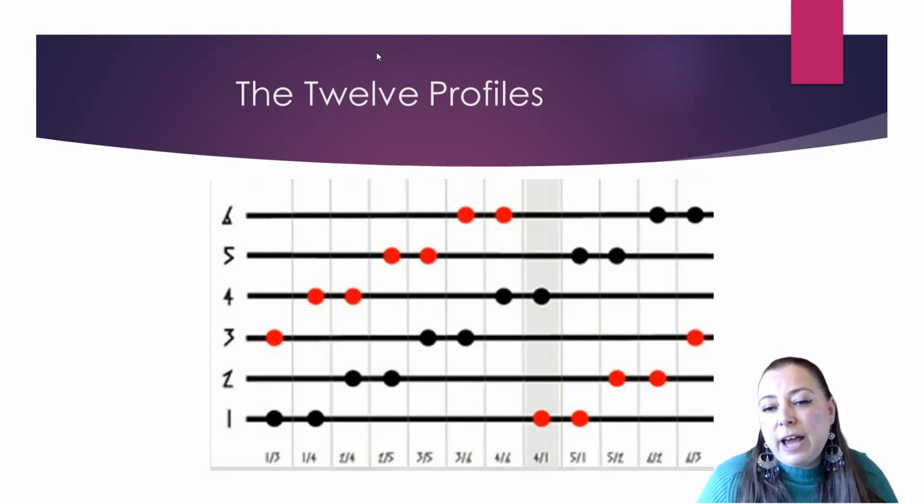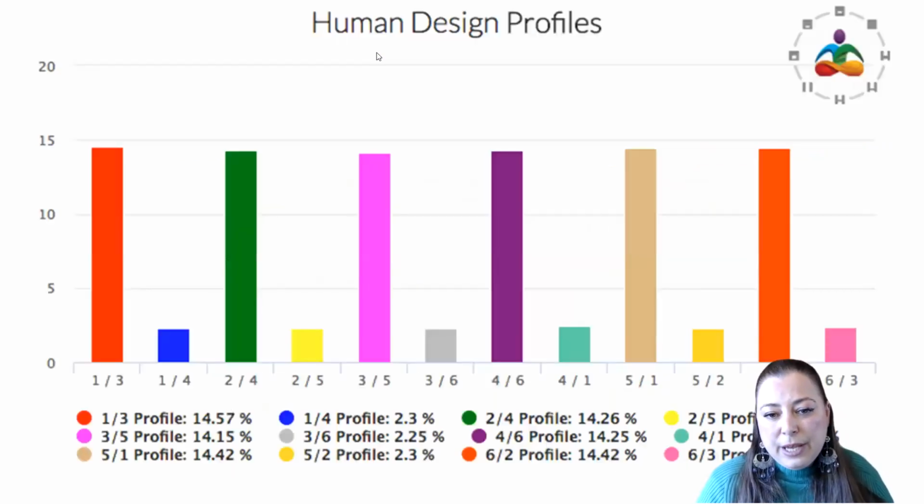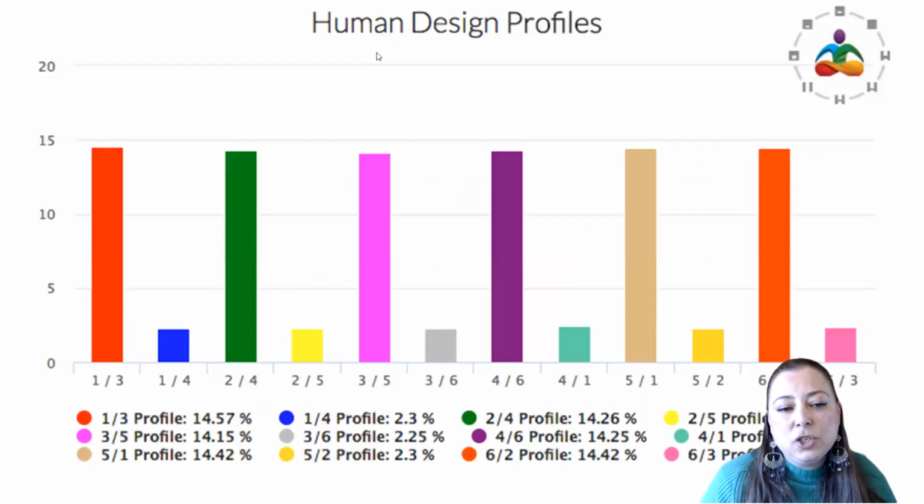And we continue with 5-2, 6-2, and 3-2. As you see, the right profiles are more and the left profiles are less in numbers. Here exactly the percentage. So we have the 1-3 profile is 14.57%. The 3-5, you see it's around 14%.